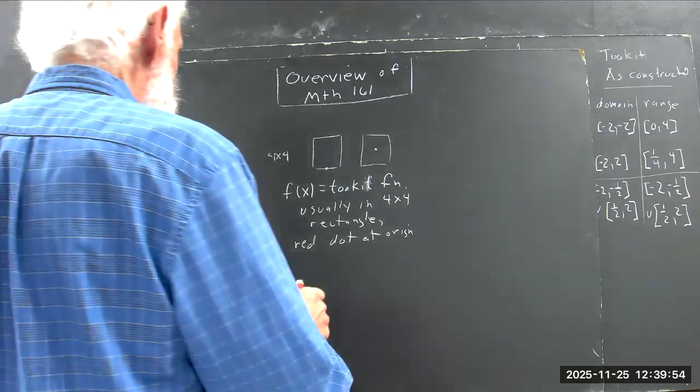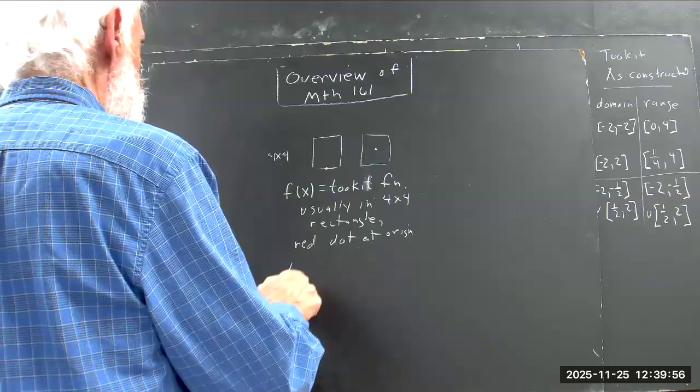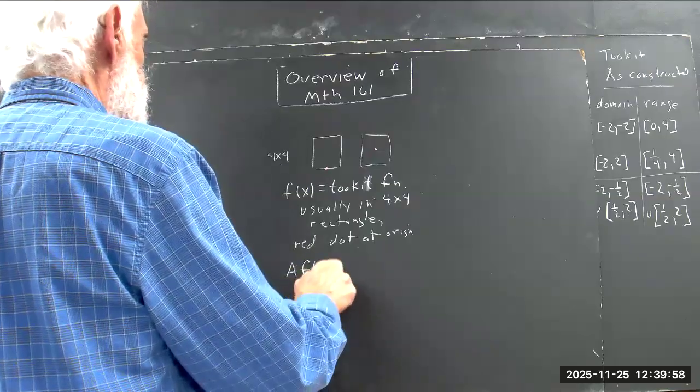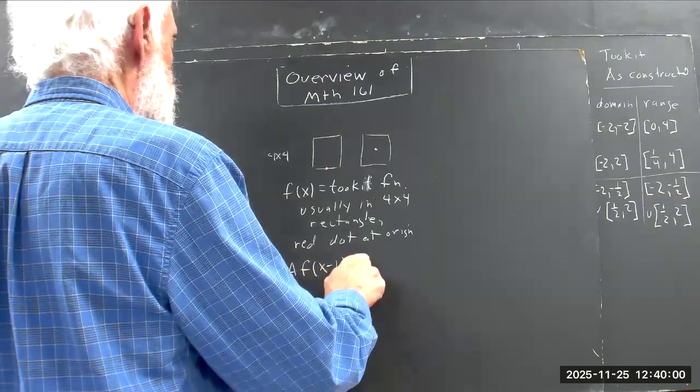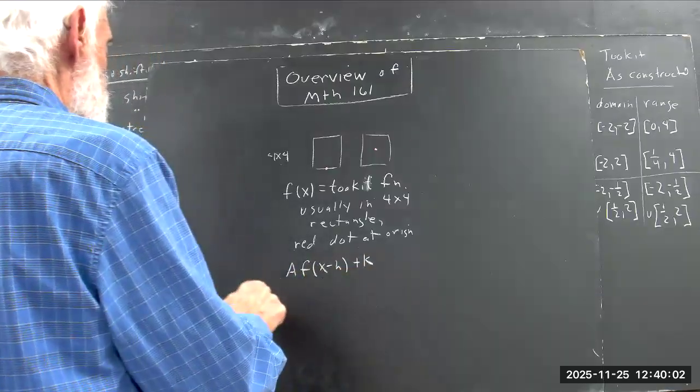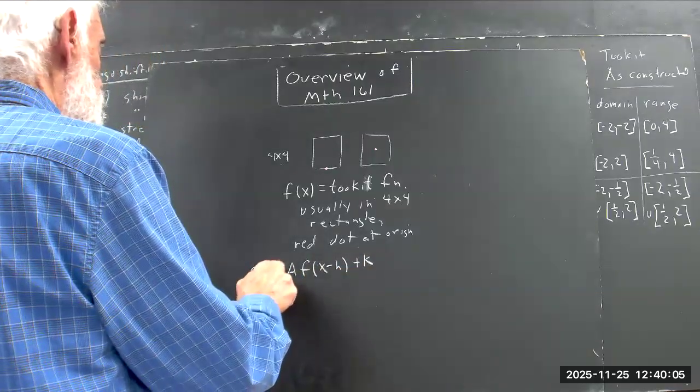Then a f of x minus h plus k, and we'll call that maybe g of x.